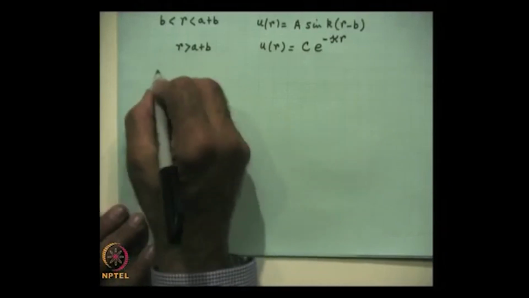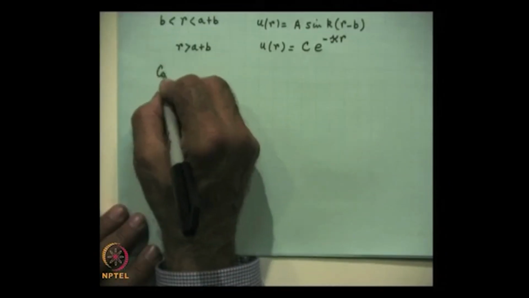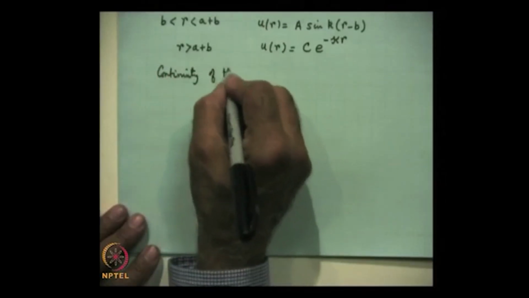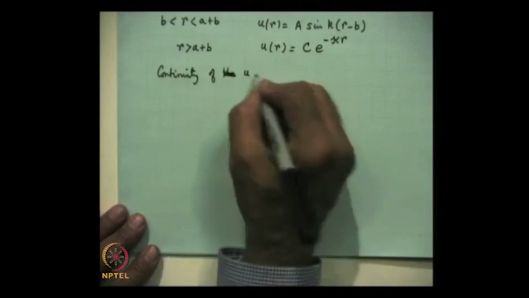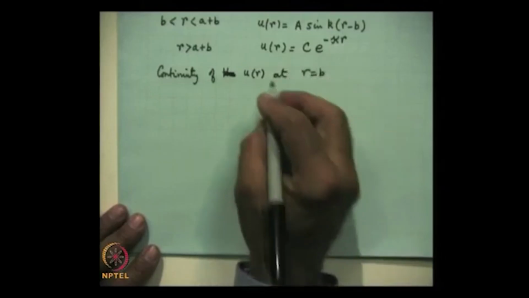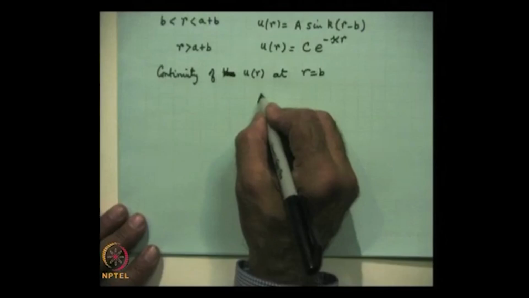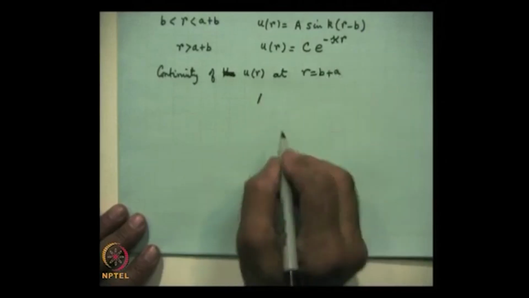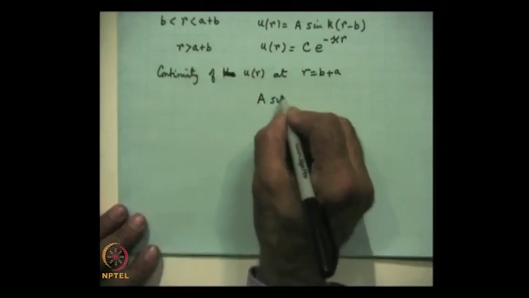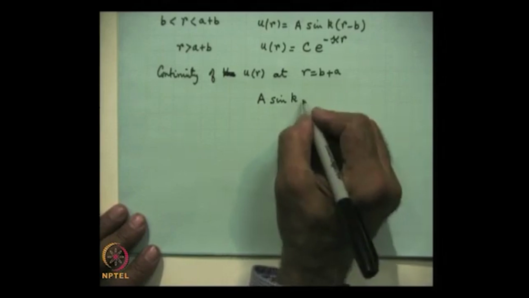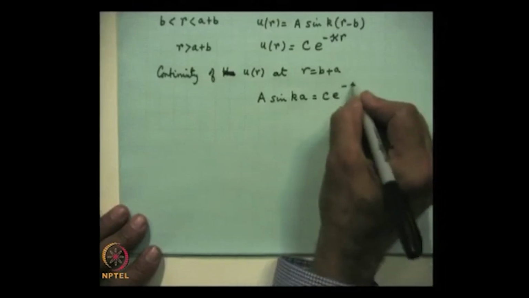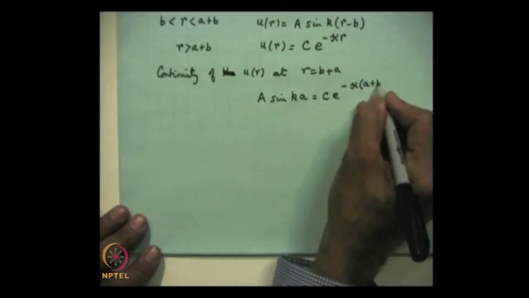So, we must have continuity of the wave function u of r at r equal to a plus b, which will give me A sin k a is equal to c into e to the power of minus kappa (a plus b).